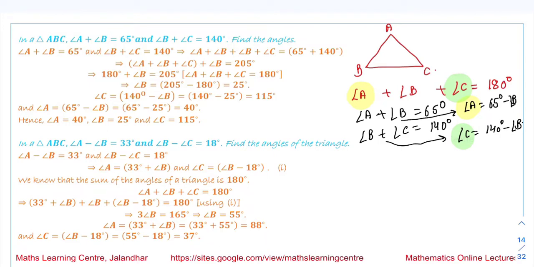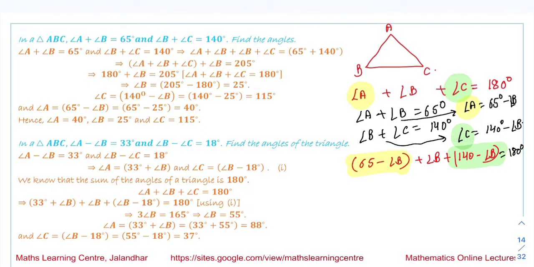So we will get 65 minus angle B plus angle B plus 140 minus angle B. What we have done is substituted the value of A and the value of C, and the final answer, we know, is equal to 180 degrees.